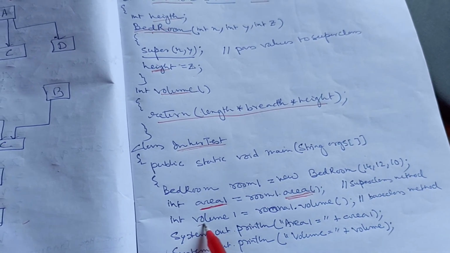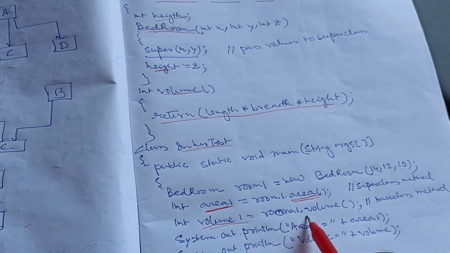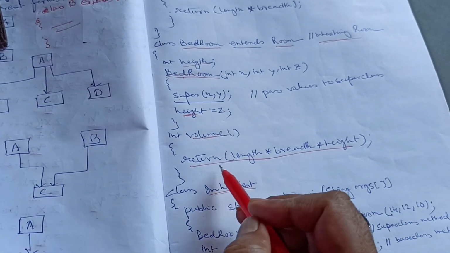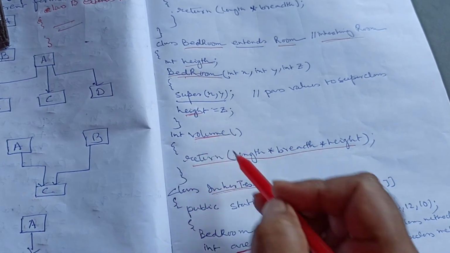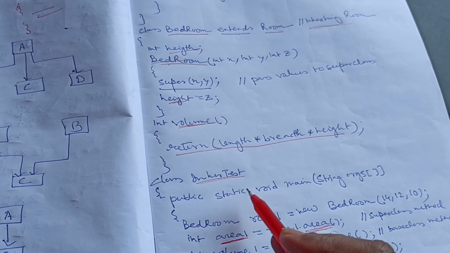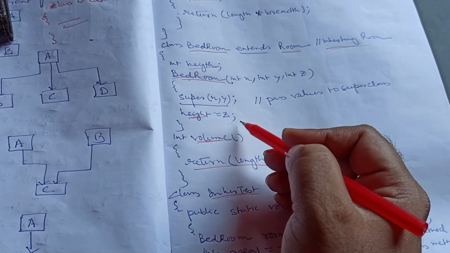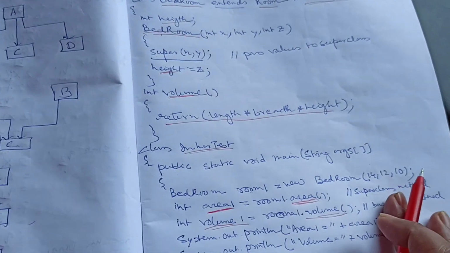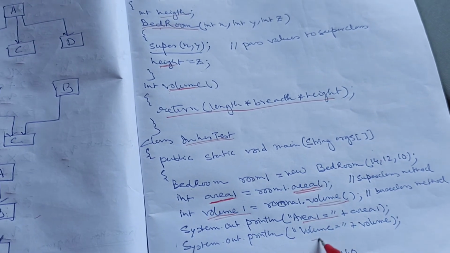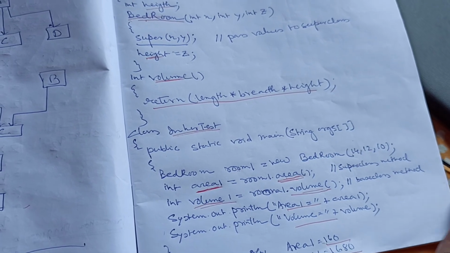Now here we are calculating the volume, so we are calling the method of volume. Volume is a method of the bedroom class, but area is a method of the room class. But since we have already inherited room into bedroom class, we can easily call it. And finally we are printing the values of area and volume.